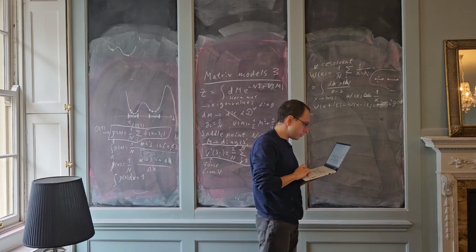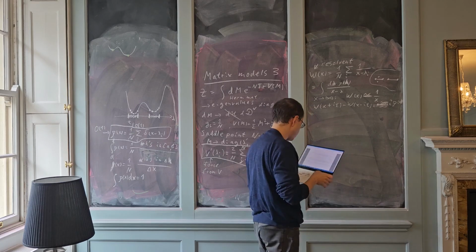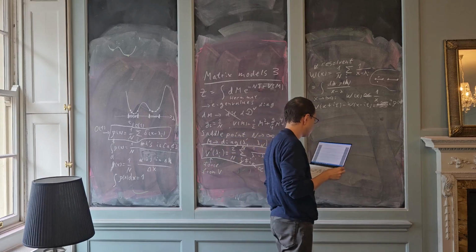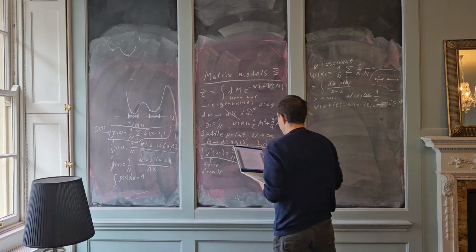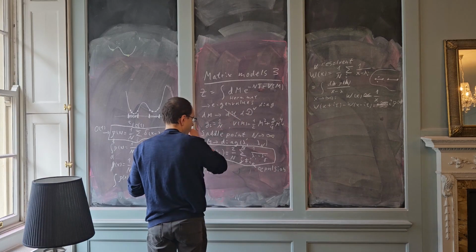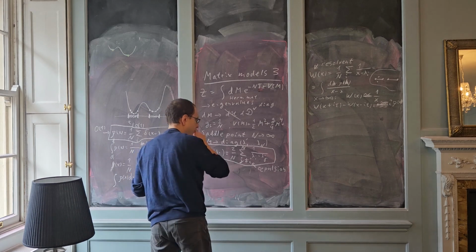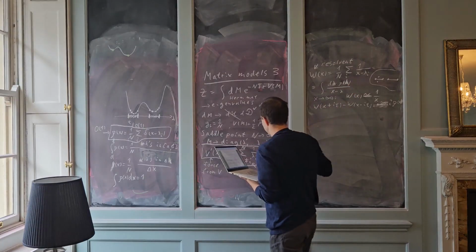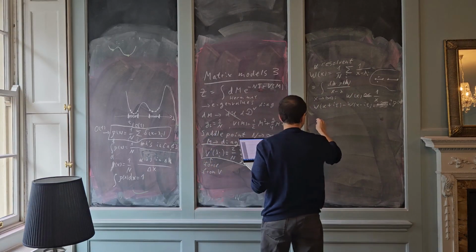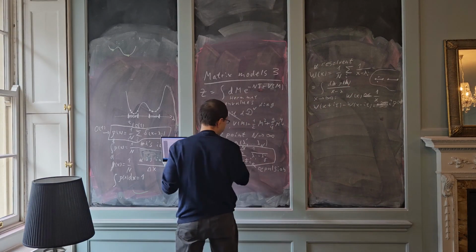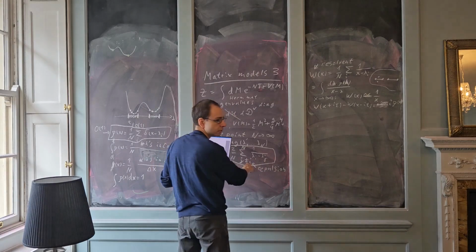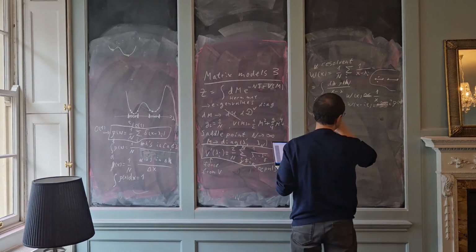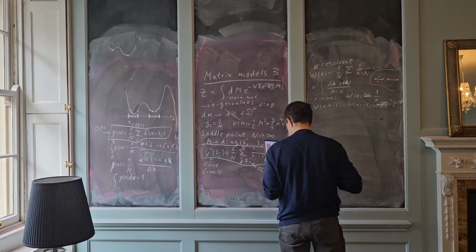So to rewrite this saddle point equation, one uses a standard trick. What we have here are objects like 1 over x minus lambda, for example, whereas in the equation we have objects like 1 over lambda minus lambda. So how to get from one to the other? The idea is to use some kind of partial fractions.